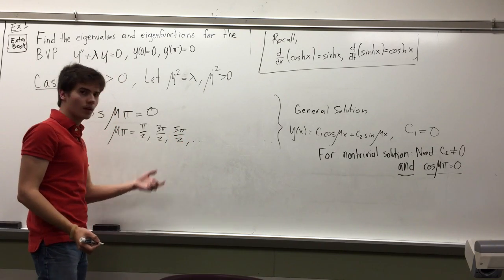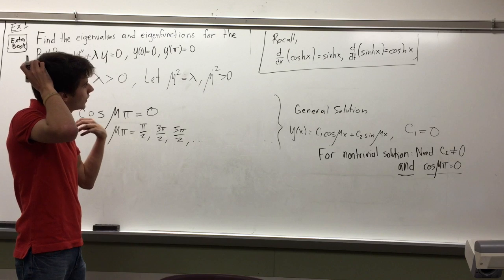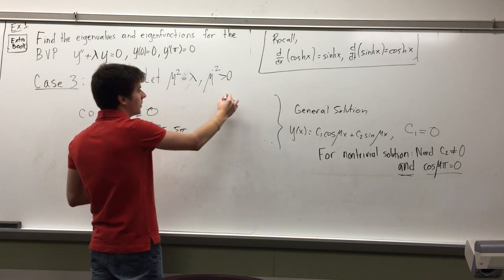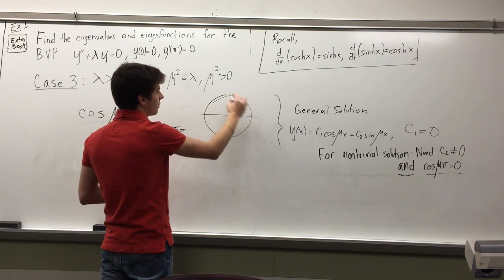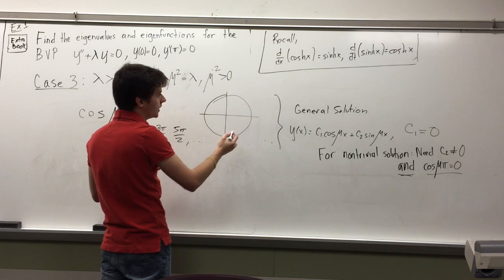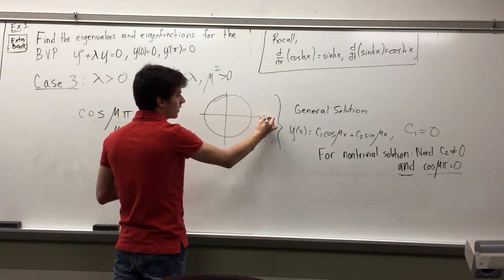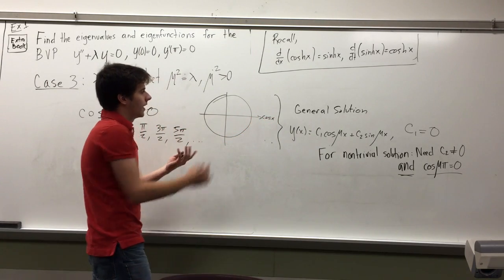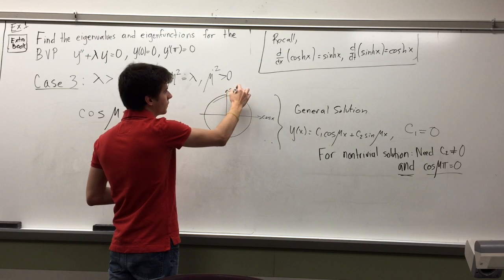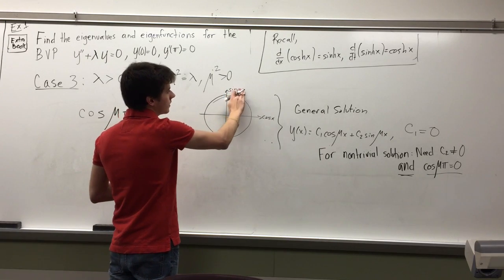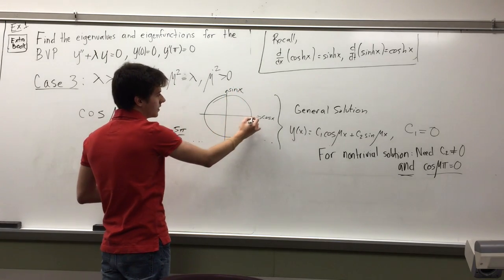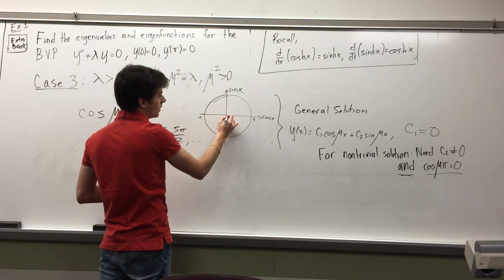We kind of get this pattern. And if you can't visualize it, I always like to think about a trigonometric circle. I usually see cosine in this axis right here and sine in this axis right here. This is 1, this is -1, and this is 0.